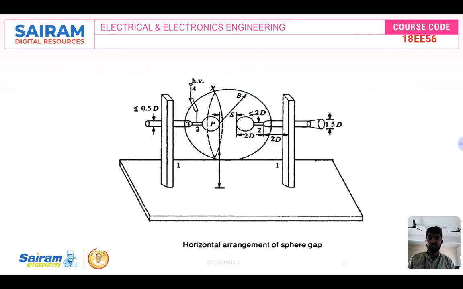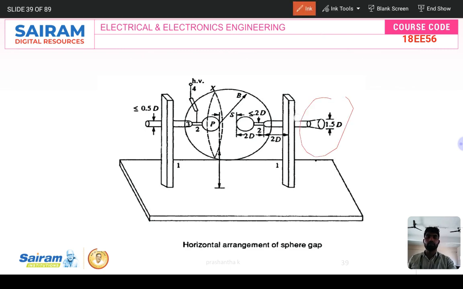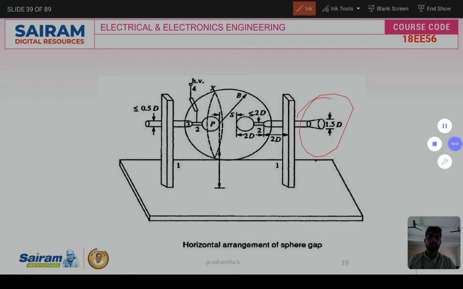This is the complete high voltage supply we are giving, and by rotating this we set the distance between the two spheres. This is the length of the sphere gap arrangement, and this is the in-between length, and the sphere gap radius also affects. We'll discuss it in detail in the next video.